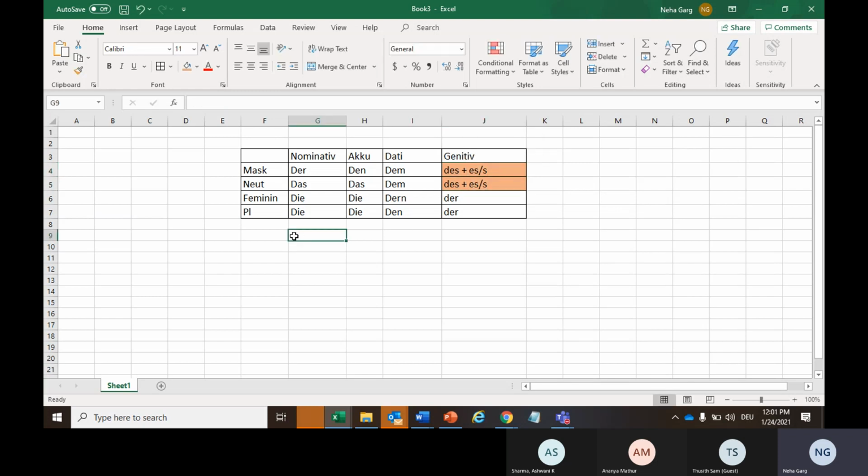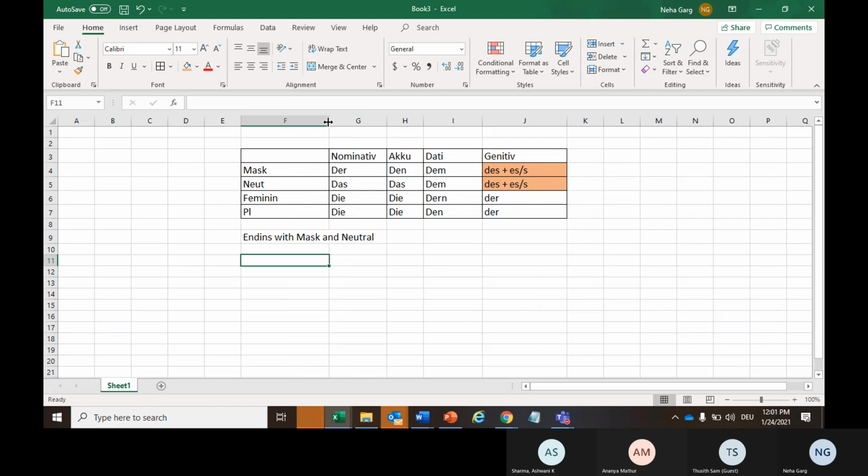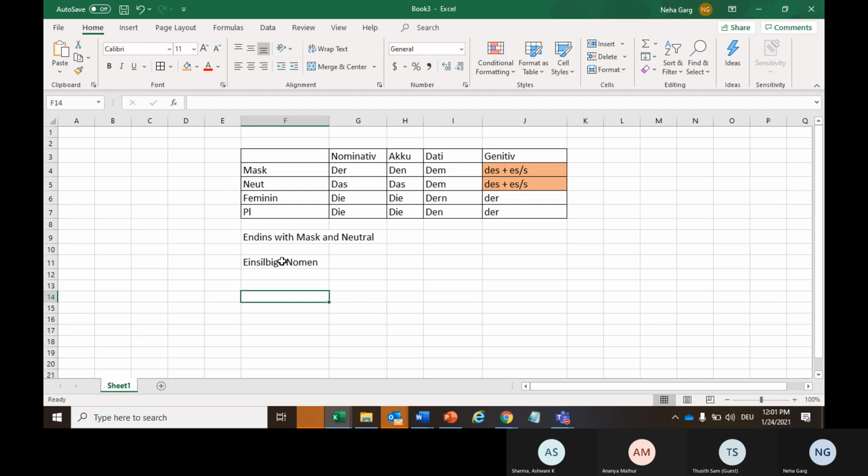A very simple rule usually followed in German is about the endings with masculine and neuter nouns.